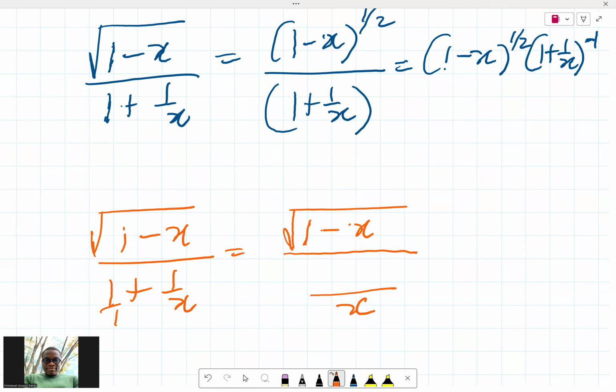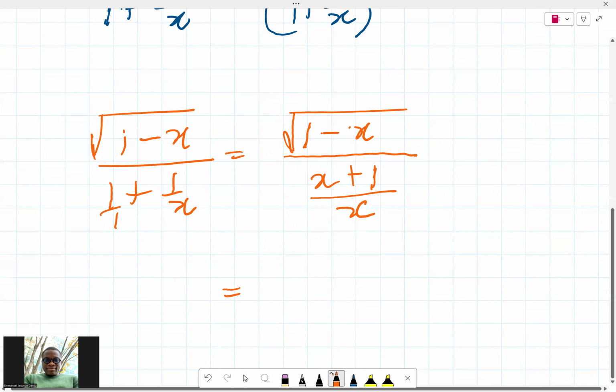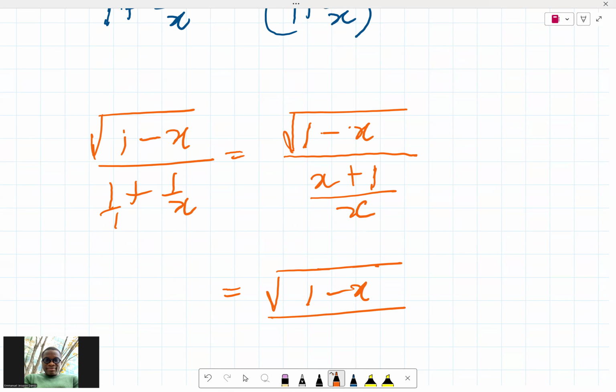So 1 in x is x, x times 1 is x, plus x in x, 1 times 1 is 1. So now this is divided by x plus 1 over x.